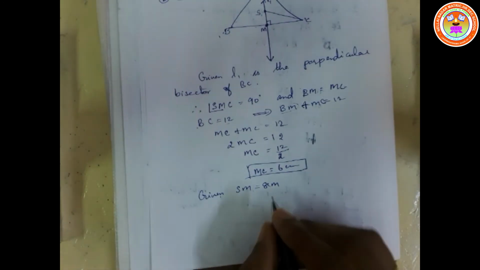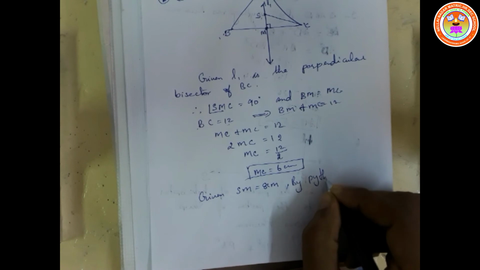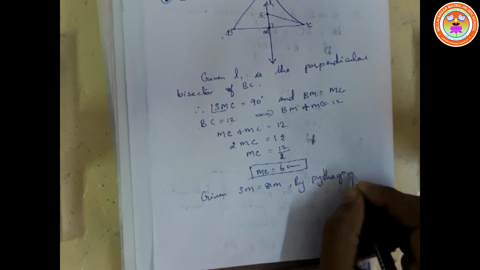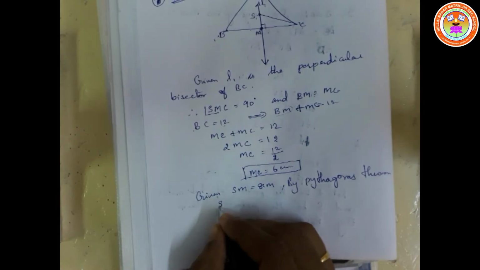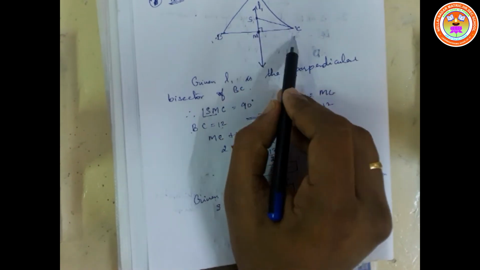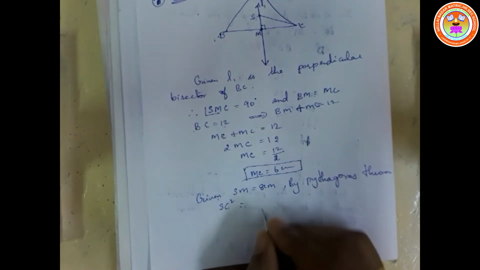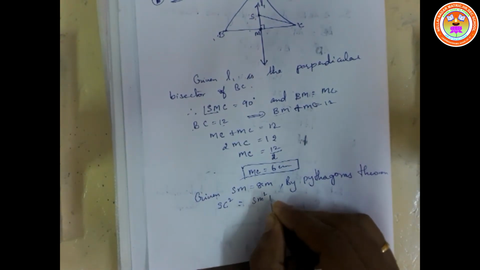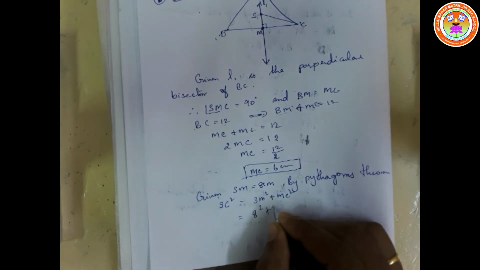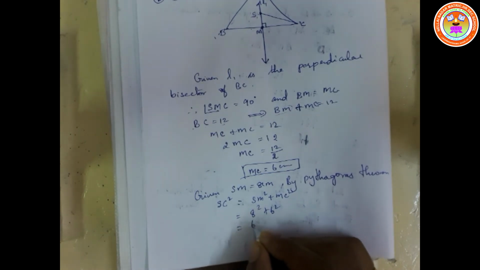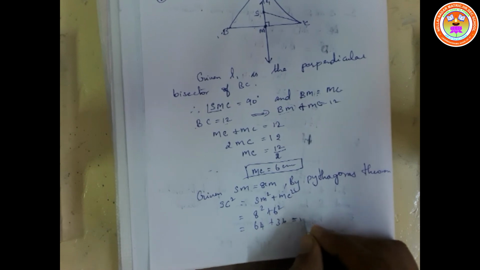So now, by the Pythagoras theorem, this length SC square, that is the hypotenuse, SC square is equal to SM square plus MC square, which is 8 square plus 6 square. 8 square is 64, and 6 square is 36, which is equal to 100.